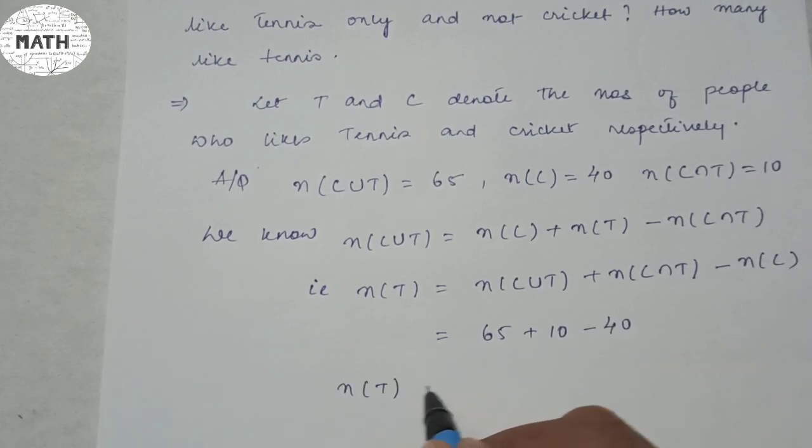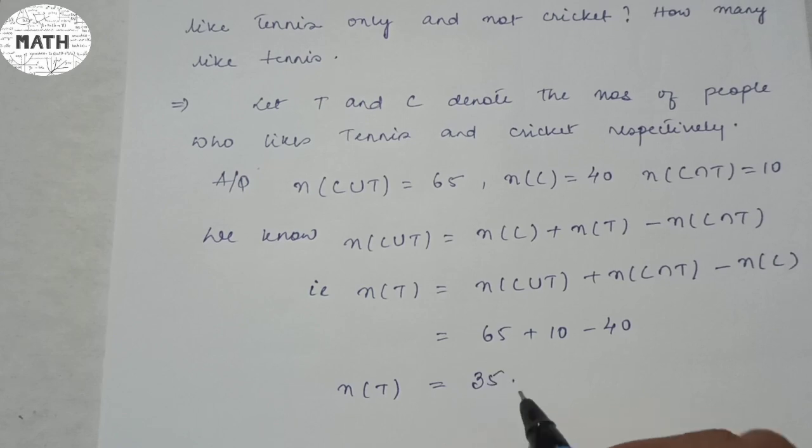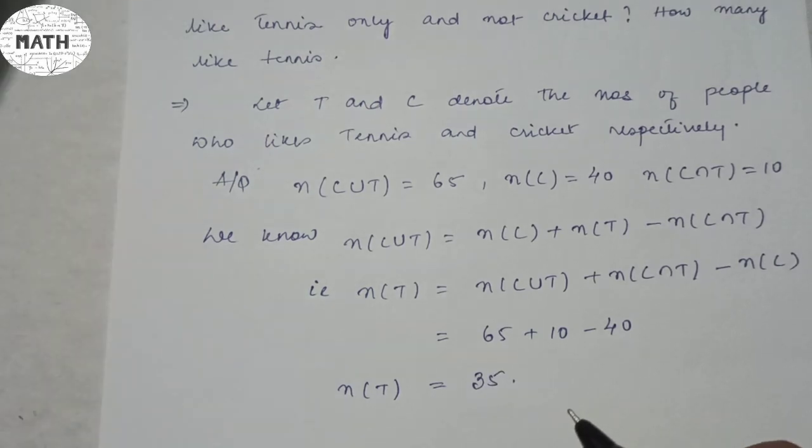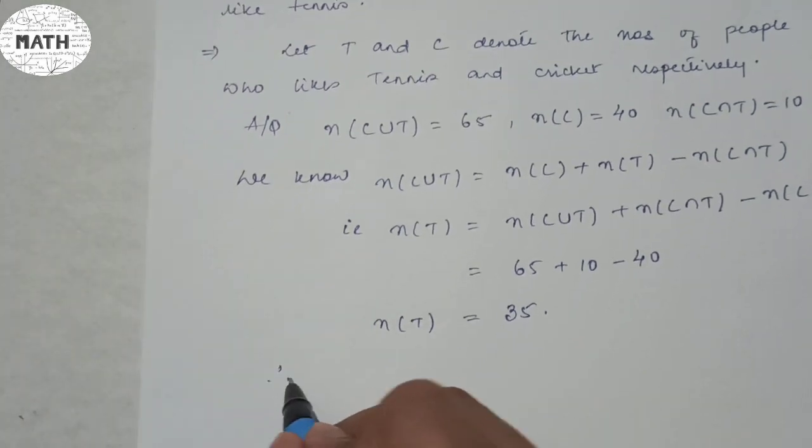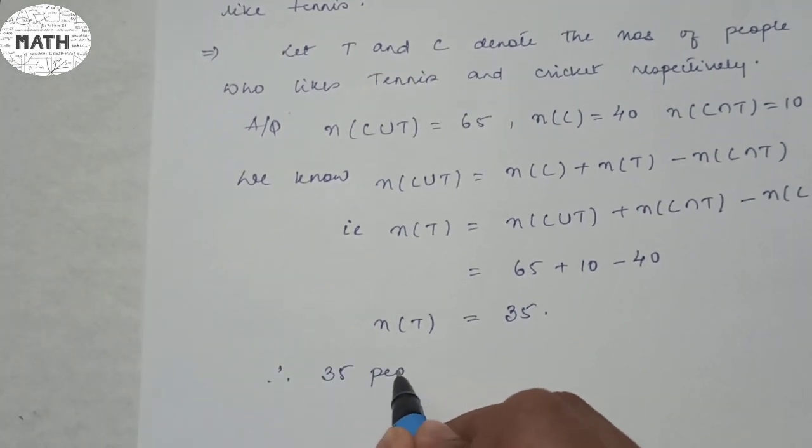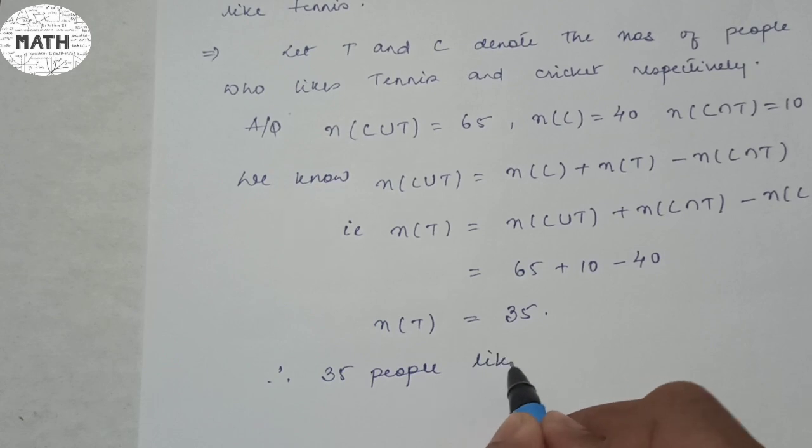So n of T is nothing more than 35. So in short, therefore 35 people like tennis.